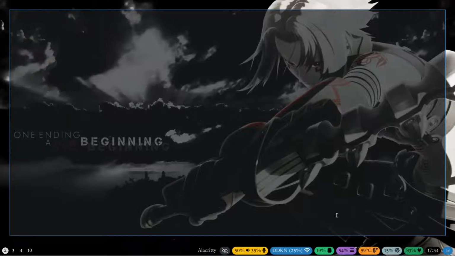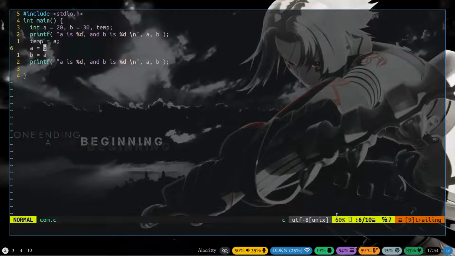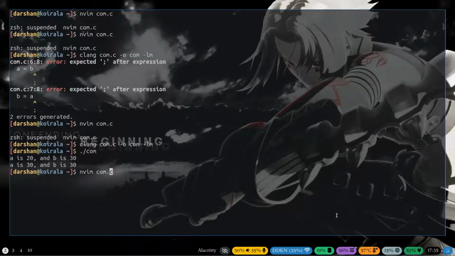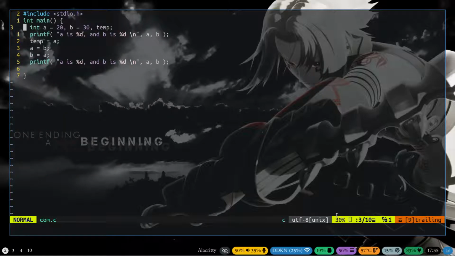Oh shit, man, semicolons. Yeah, b is 20. Temporary is equal to a, right?